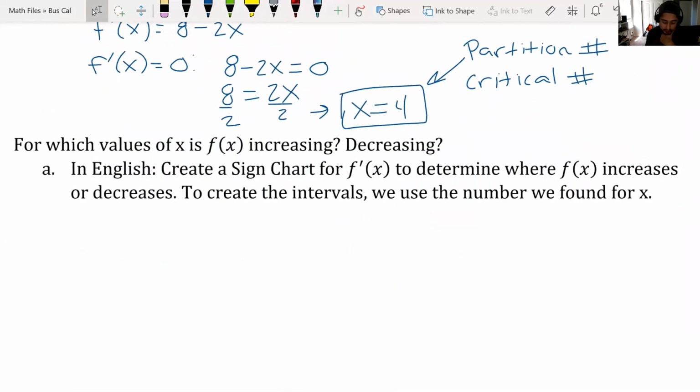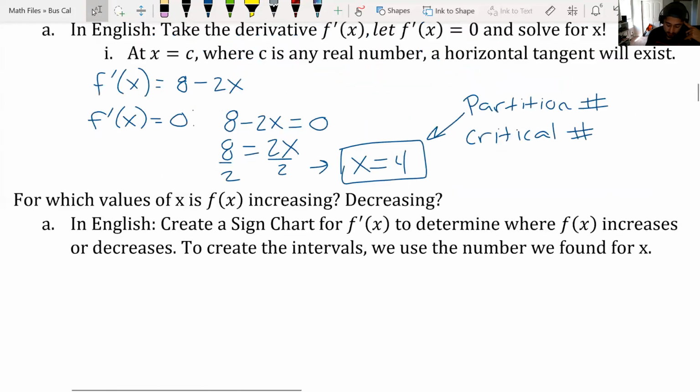It says, for which values of x is the original function increasing and decreasing? So what this says to do is create a sign chart for the first derivative. This sign chart will tell us where the original function is increasing and decreasing. And to create our number line, we plot the number we found above. We plot the partition number, the critical number.